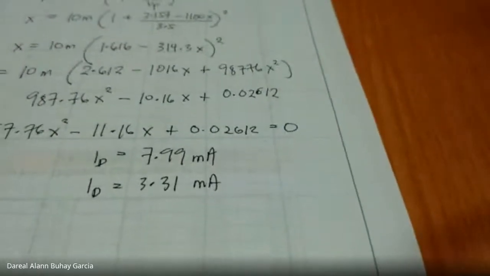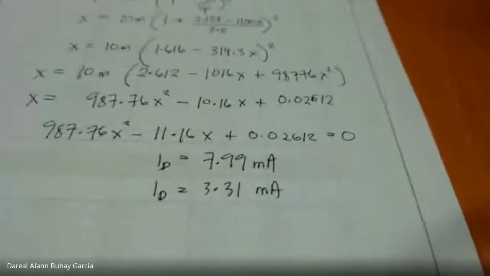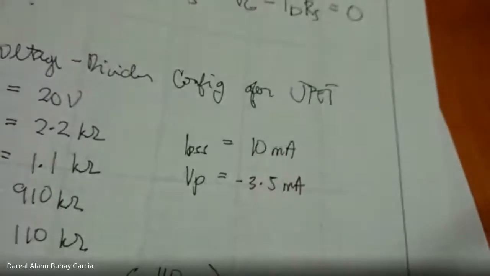So, 7.99 and 3.31. The question is which of the two. This time we cannot just guess, because both are below the 10 milli IDSS. So we look at their VGS.